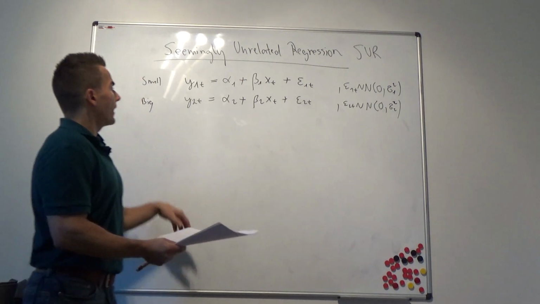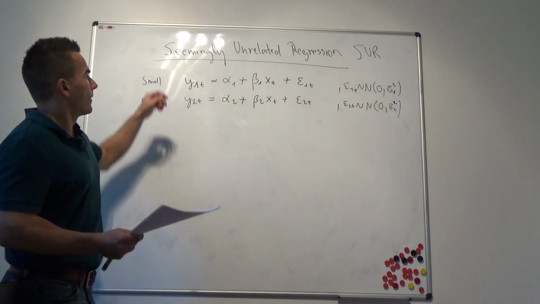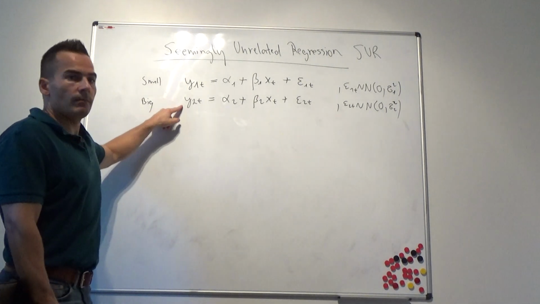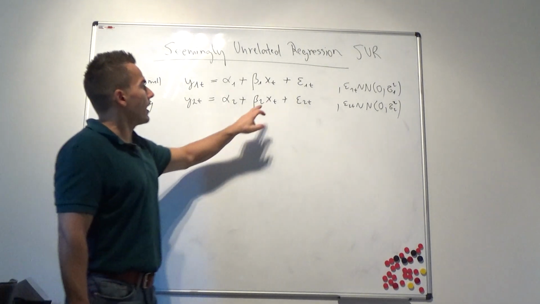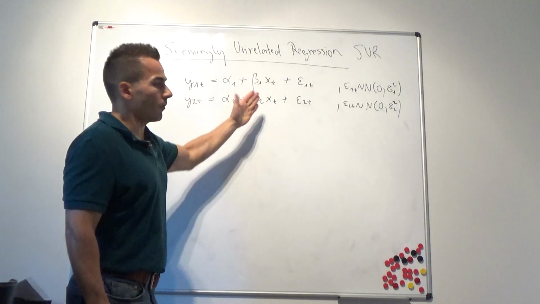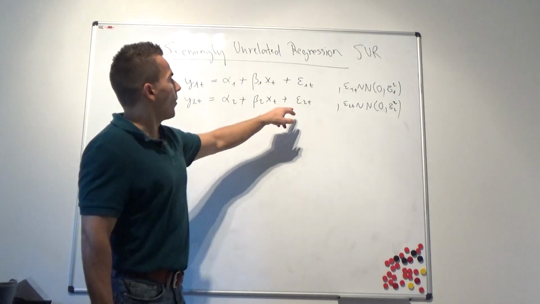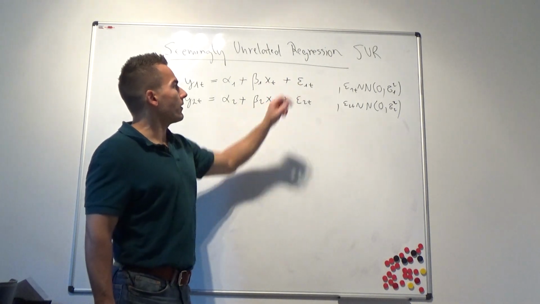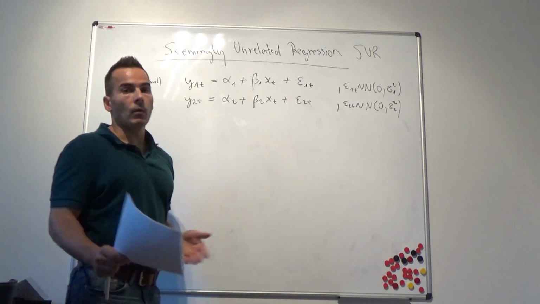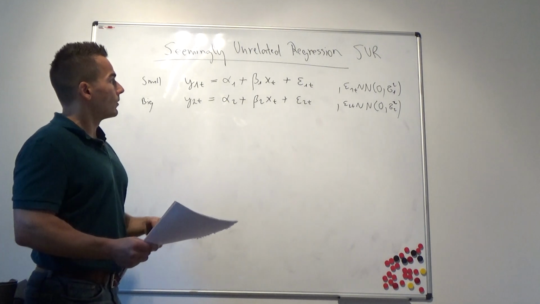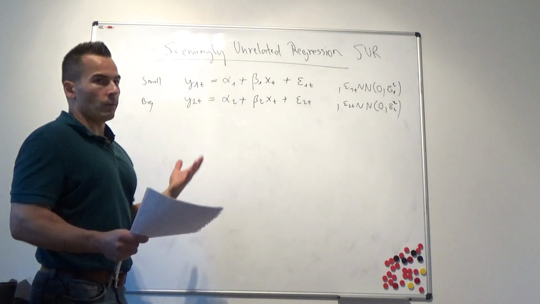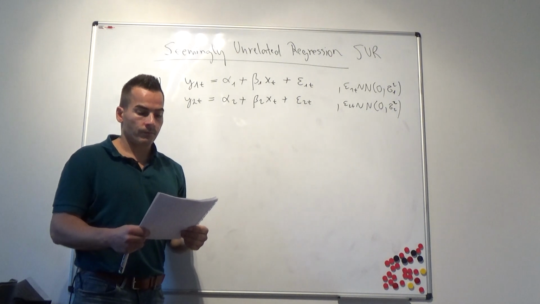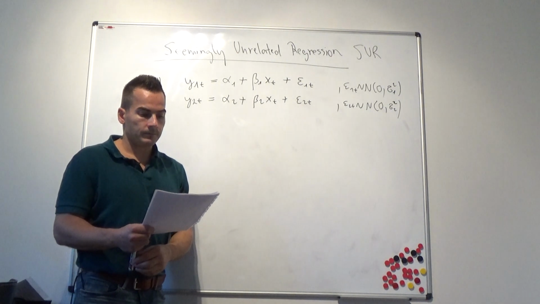We know that in vector notation, that's a t by 1 vector, that's a t by 1 vector, X is also a t by 1 vector, our epsilon 2 is a t by 1 vector, epsilon 1 in vector notation, it's a t by 1 vector. So it's basically the same that we have discussed already in previous lectures.